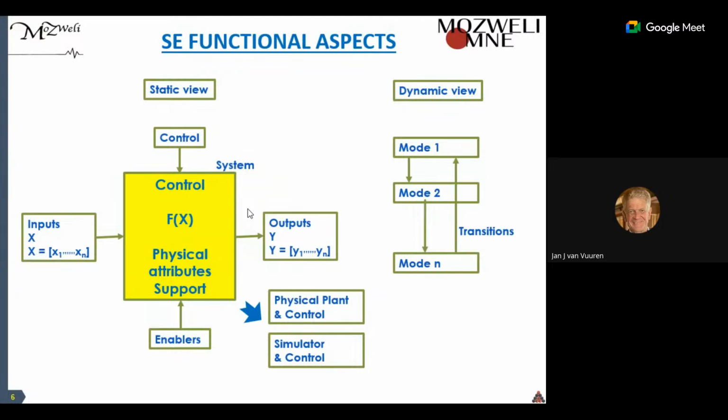If we just look at the systems engineering functional aspects, I mentioned that we define our system within boundaries to define that section of a subsystem or the overall system in itself. If we can just touch, maybe the control guys will understand the mathematical breakdown of our main block, the yellow block.